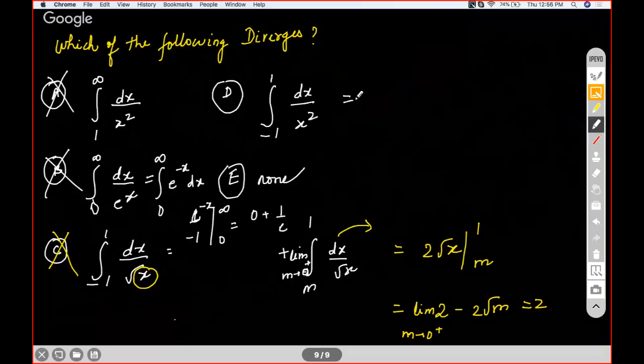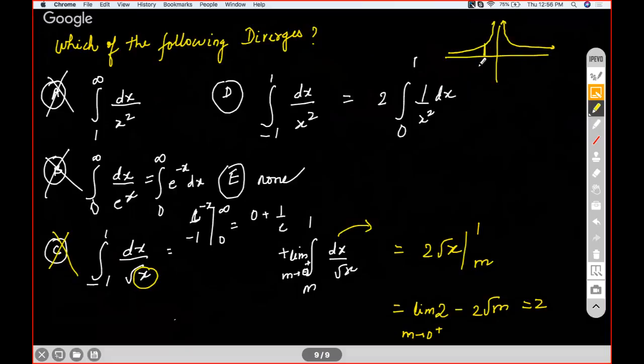Now D is actually 2 times integral 0 to 1 of 1 by x square. Now you'll ask, how did I write it like this? Because I know the graph of 1 by x square is symmetrical about the y-axis. You want this area actually, so I can say it's 2 times 0 to 1. If this is infinity, 2 times will also be infinity.